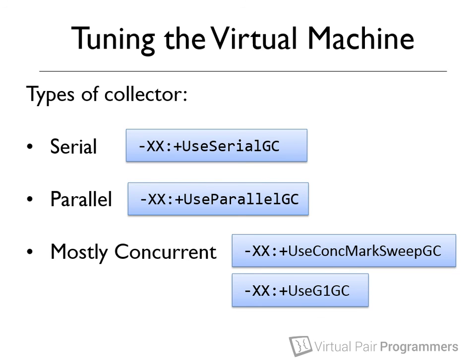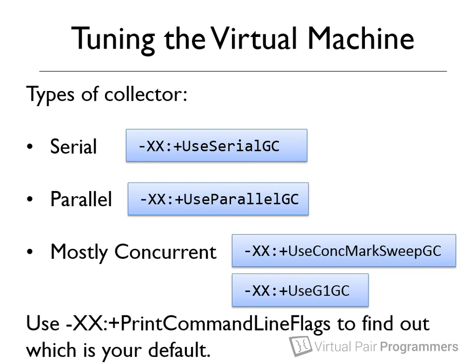So the final question you might be wondering at this stage is which garbage collector is being used on your computer by default. Well, Java makes this choice for you based on your hardware, but you can find out which garbage collector it's going to use by running the Java command with the -XX:+PrintCommandLineFlags command line option to find out what that is. I'm going to do that now on my computer.